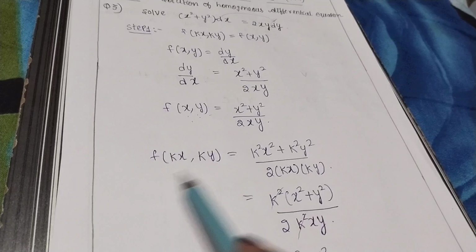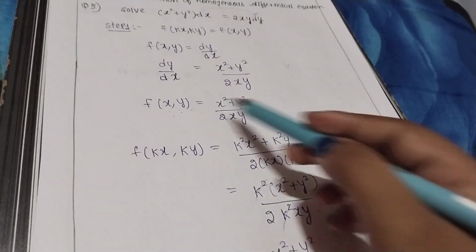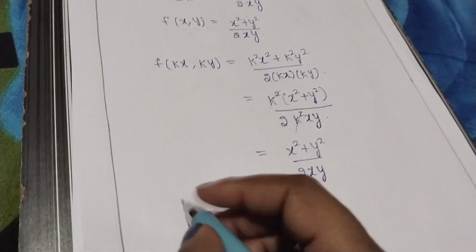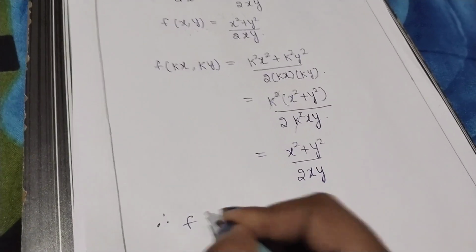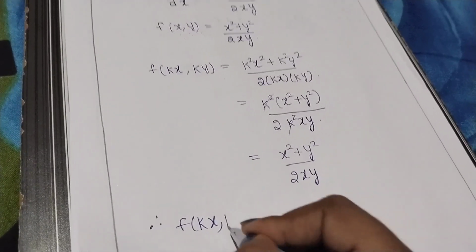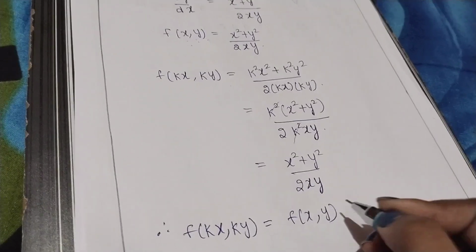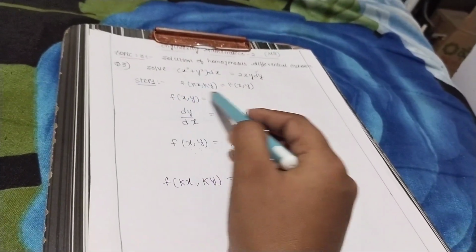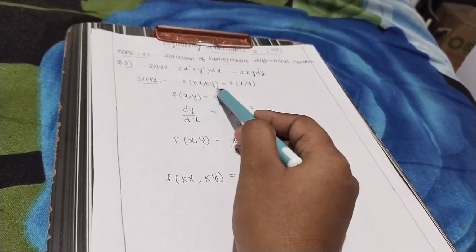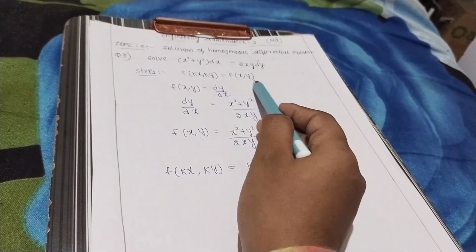F of kx comma ky equals f of x comma y, right? Then we are supposed to write this statement: f of kx comma ky equals f of x comma y. As we have attained step 1, we accept it.